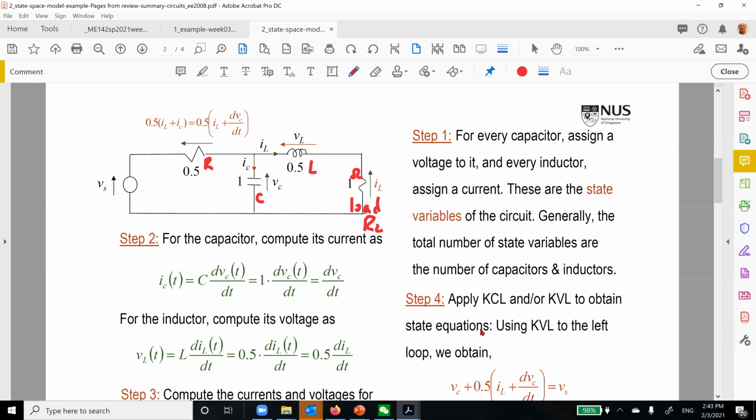For high school level, we care more about the steady state, static relationships, or just a resistor network. But here we're assuming that V of S is a general time varying signal, and we look at how other variables change over time. So it's all dynamic and transient.